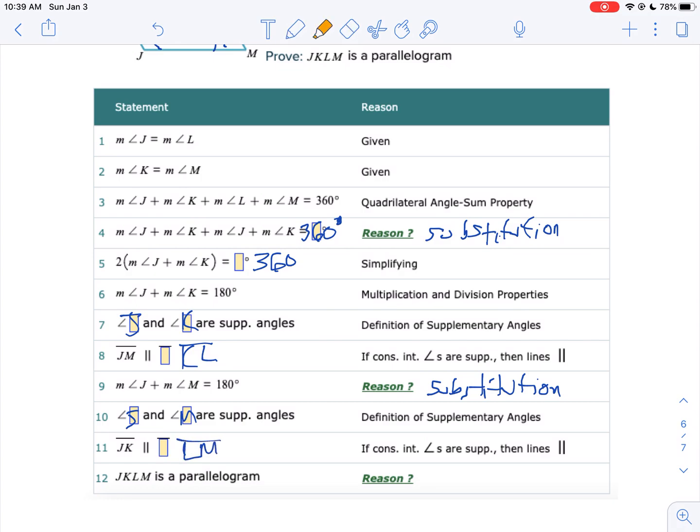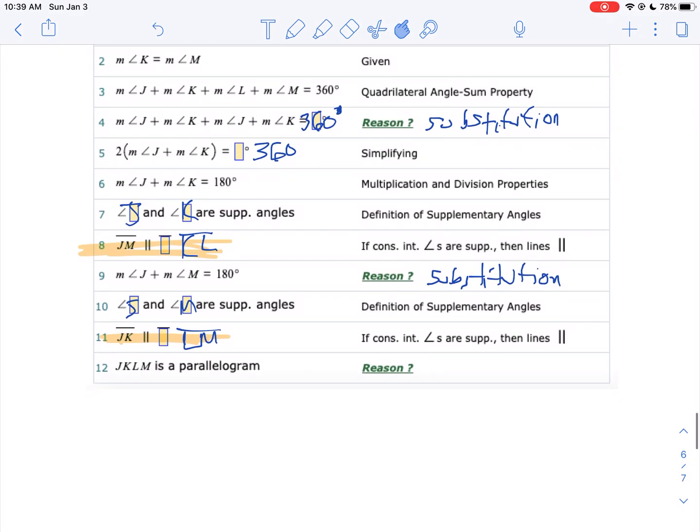Notice you have 2 sets of parallel lines. Opposite sides are parallel. That is the definition of a parallelogram. That's the reason we know this is a parallelogram, because it has 2 sets of opposite sides parallel. That's what we needed for step 12.